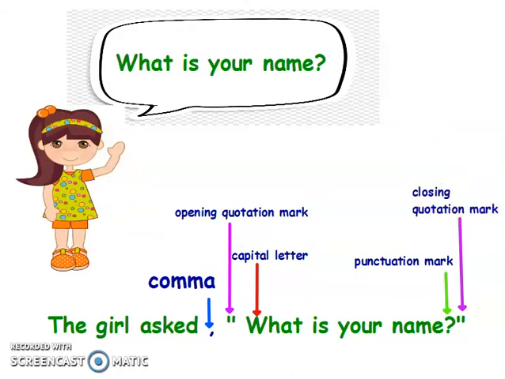So these are the important rules for writing using quotation marks. Number 1, comma. Then we start with the opening quotation mark, a capital letter, a punctuation mark, full stop, question mark or exclamation mark, and we end with the closing quotation mark.